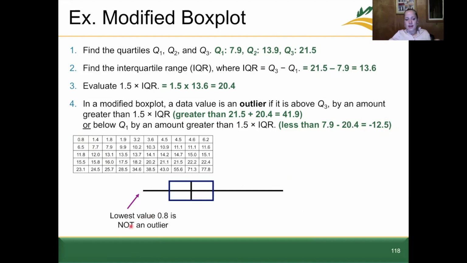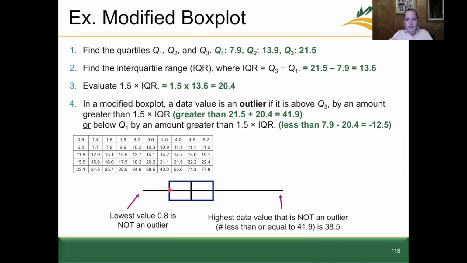So in this case, the lower value for our modified box plot is the same as it would be for our regular box plot. Now let's see the other end. So here for a modified box plot, the end here needs to represent the highest data value that's not an outlier. Now from here, step 4, we determine that any value greater than 41.9 is an outlier.